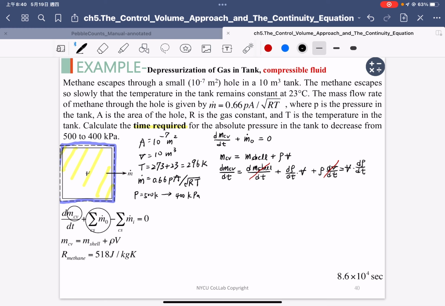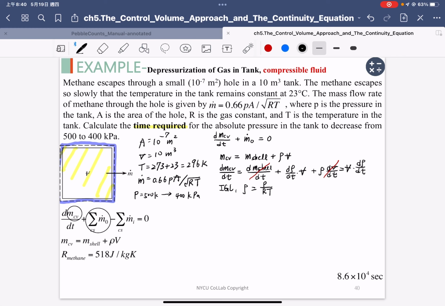Based on the ideal gas law, the density of the gas equals the pressure divided by the gas constant and the absolute temperature.